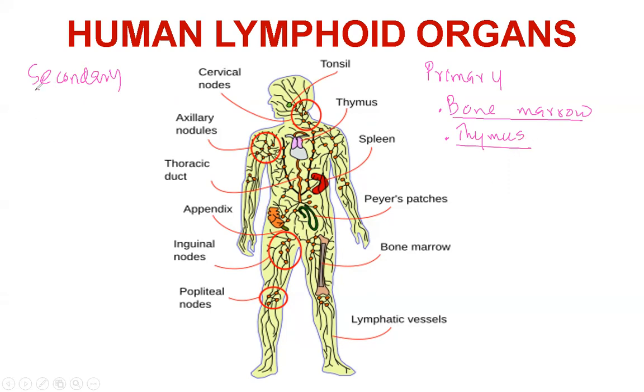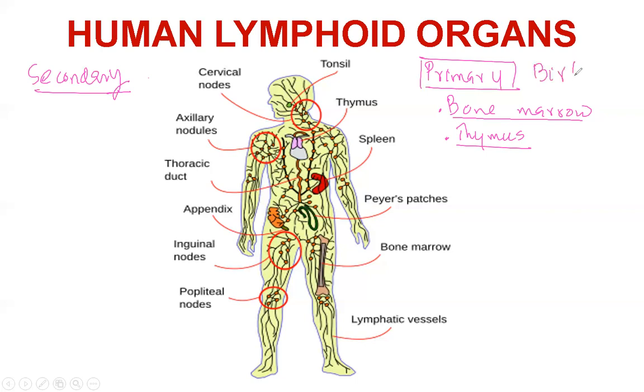Okay. What are the secondary lymphoid organs? These are the places where lymphocytes undergo training. They interact with antigens and then they multiply, increasing in number. So the secondary lymphoid organs are like training schools, like military schools where they get trained. Primary lymphoid organs are like their birthplaces.